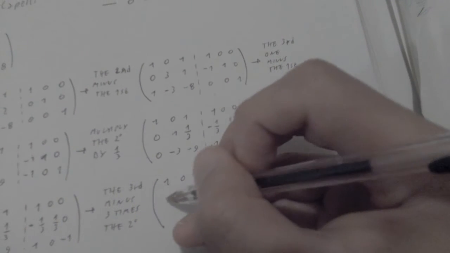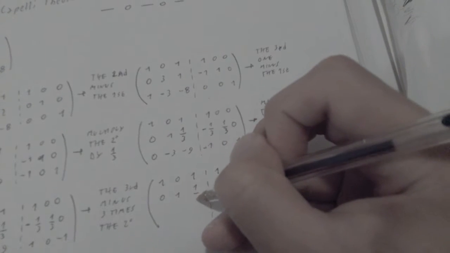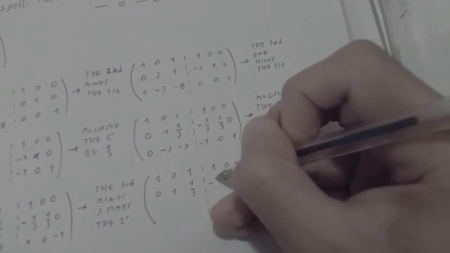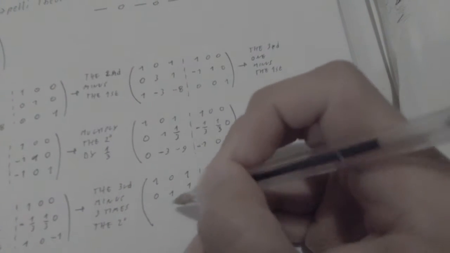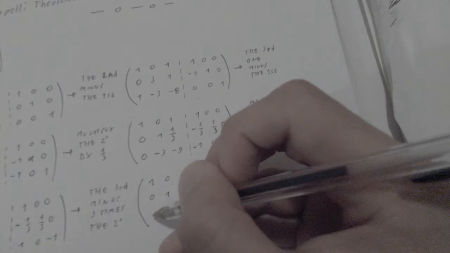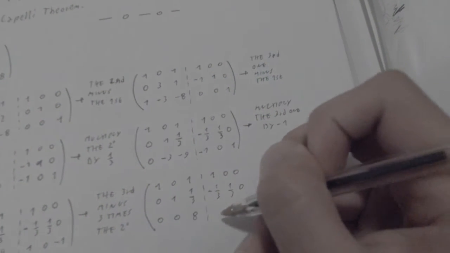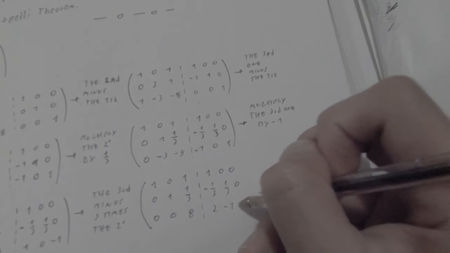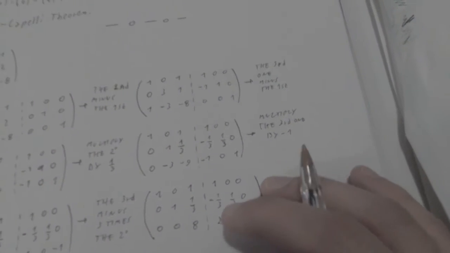The second one is going to stay the same: 0, 1, 1/3, -1/3, 1/3, 0. And then the third one minus 3 times the second one, so it's going to be 0, 0, 8, 2, -1, -1.